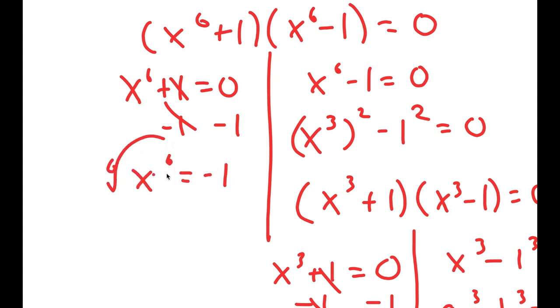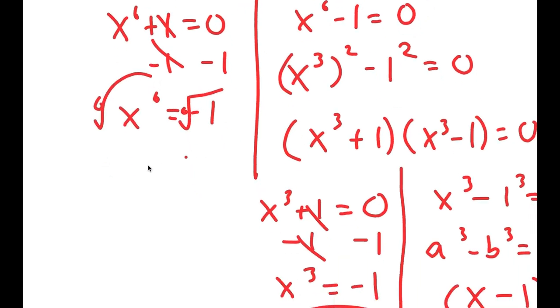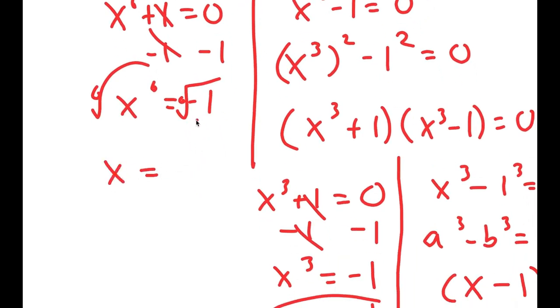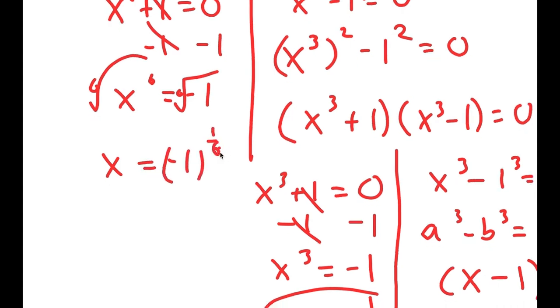And if I take the 6th root, I get x is equal to the 6th root of negative 1, which is equal to negative 1 to the power of 1 over 6.